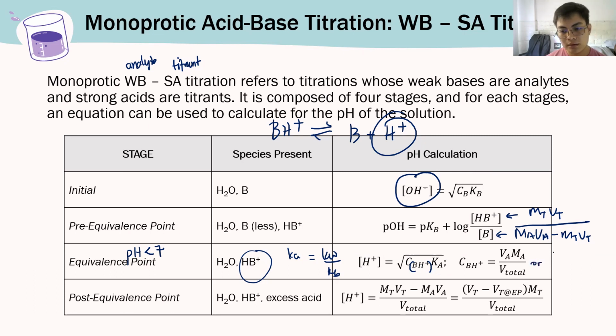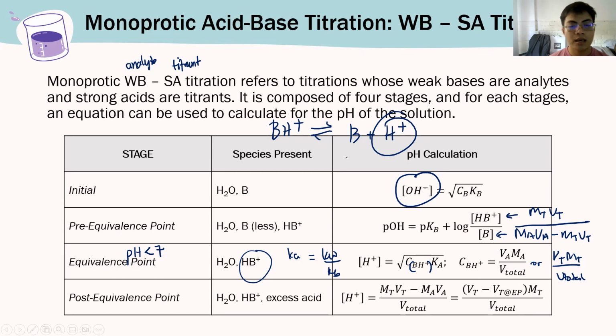We can use the moles of the acid over the V total or the moles of the titrant over the V total. Why? This is equivalence point. So ibig sabihin equal yung analyte, equal yung titrant. So either way, it will give you the same answer. Okay? So you can either use this equation or the other equation.